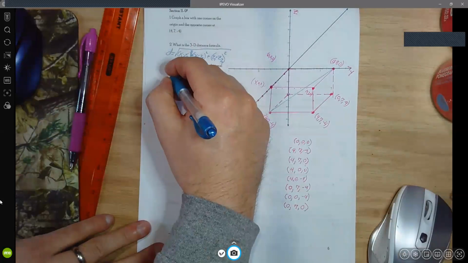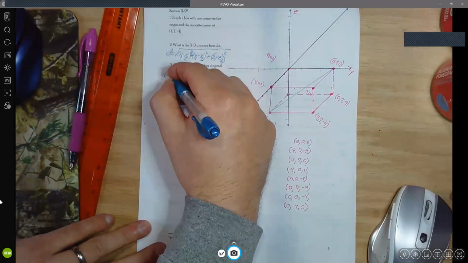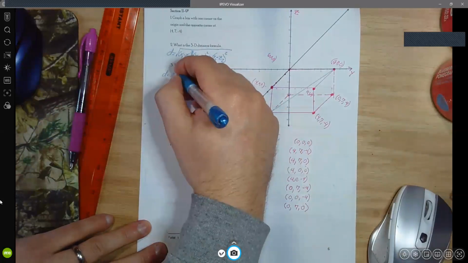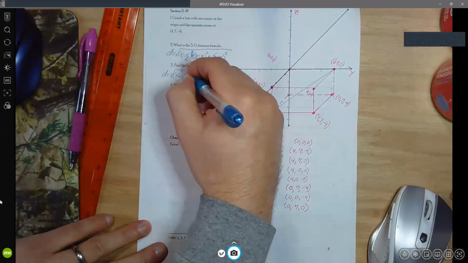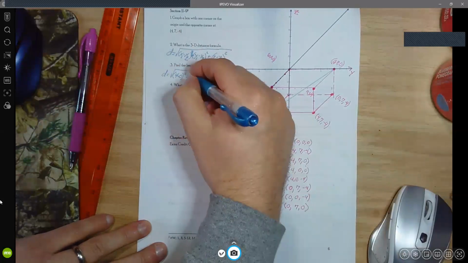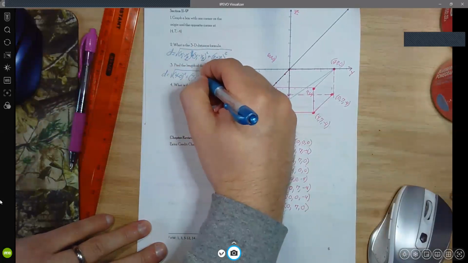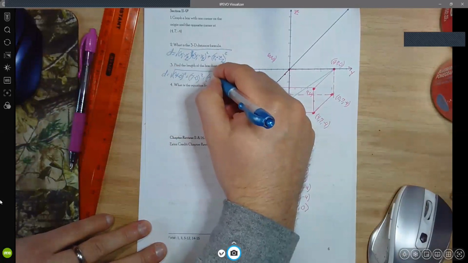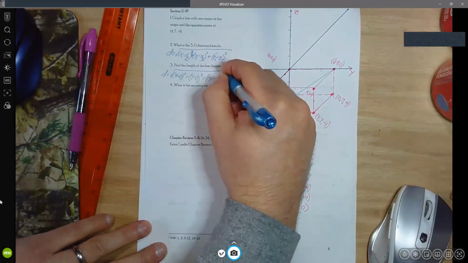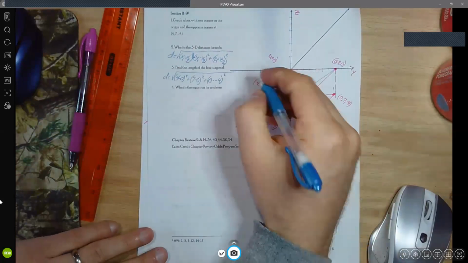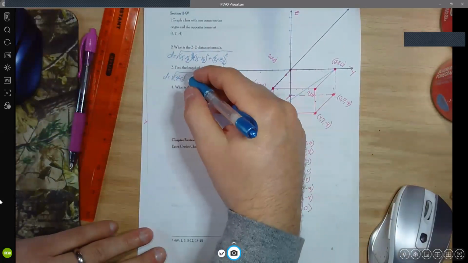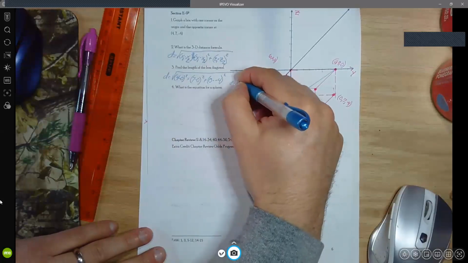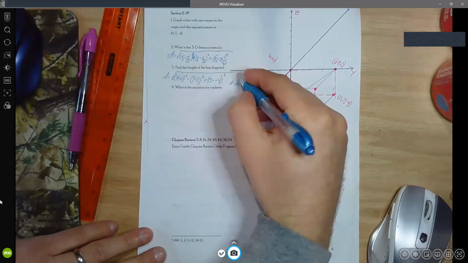So we're going to use the distance formula. So we got 4 minus 0 squared plus 7 minus 0 squared plus 0 minus negative 4. Gotta be careful with that one. So we end up with 4 minus 0 is 4, squared is 16. 7 squared is 49.